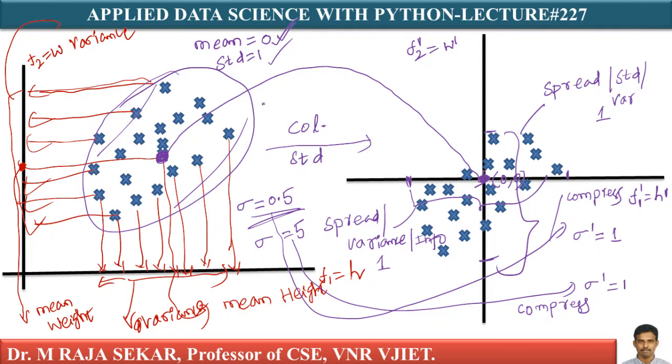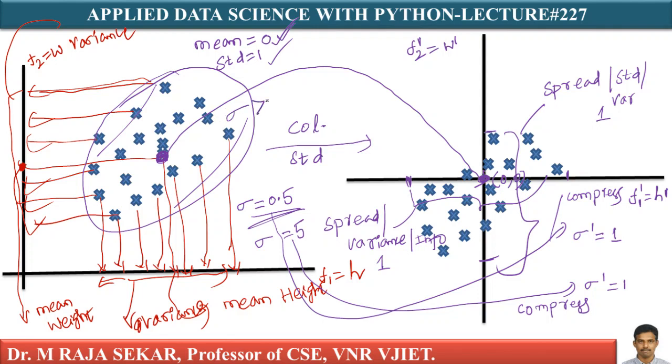These 2 points are important. I can say it like this: I will compress the original data if the original standard deviation is greater than 1.